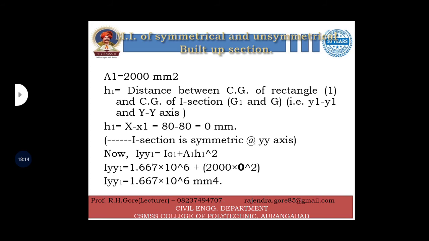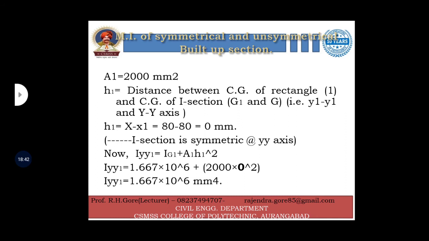A1 is 2000 and H1 is distance between CG of rectangle 1 and CG of I section, means the distance between y1 axis and yy axis, and these coincide. So H1 is 0, or by using formula H1 is x bar minus x1.